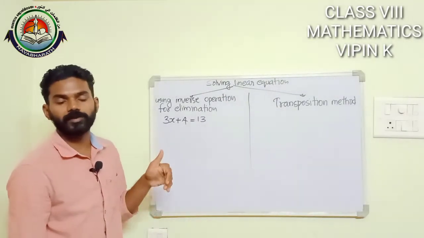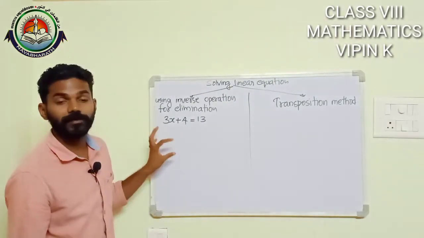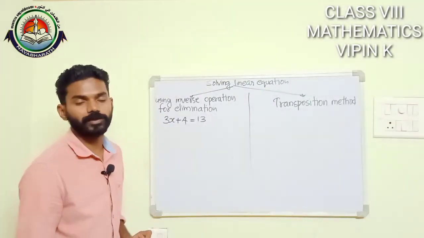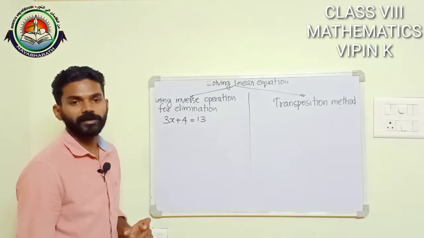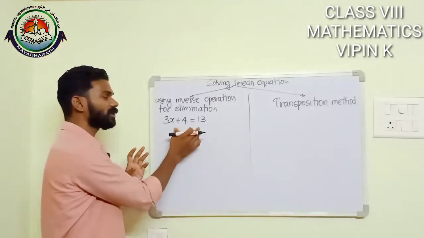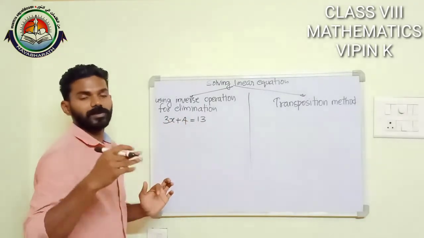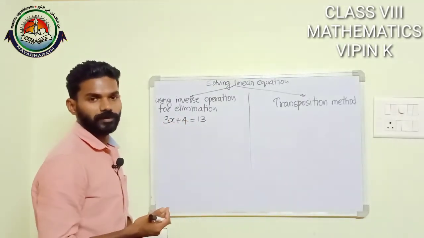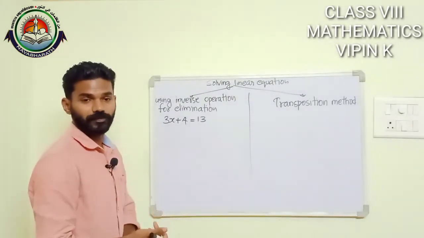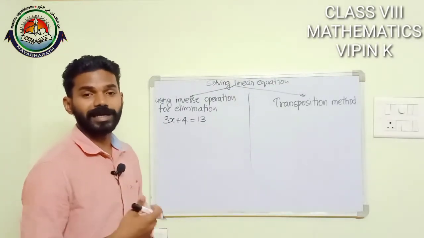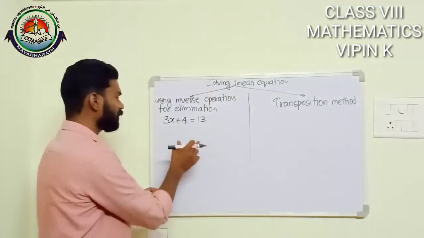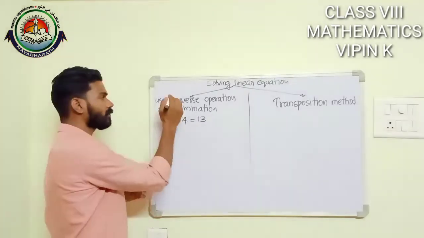Solving this linear equation means you have to find the value of x for which this equation comes true. Suppose, let's assume, the solution or root of this equation is 5. Then how can you express it in mathematics? It means that the value of x is 5.